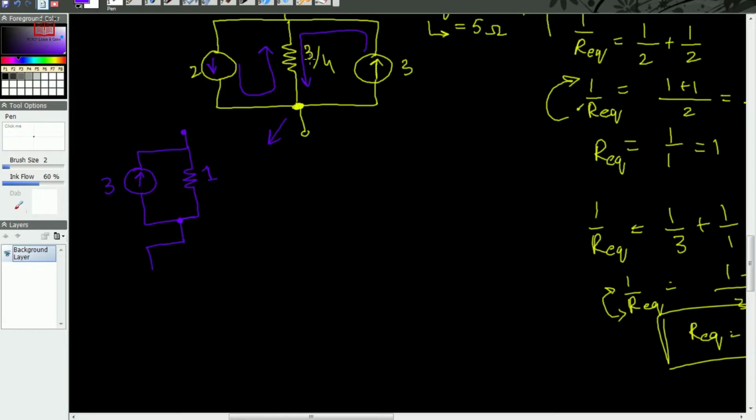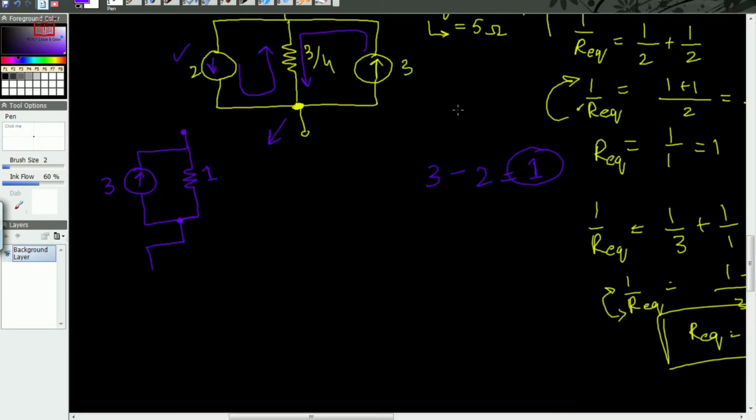One source says the current must be from the bottom toward the upside, while the other says the current must be downside. To solve this contradiction and clash, we simply subtract: the larger current source 3 minus the current source 2. The answer would be 1.